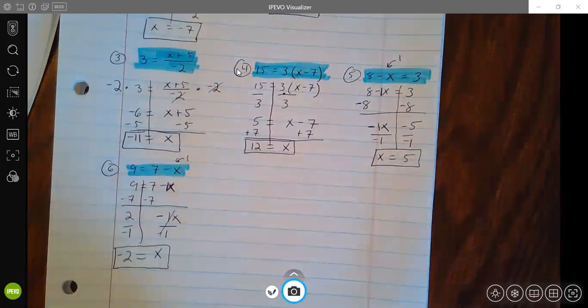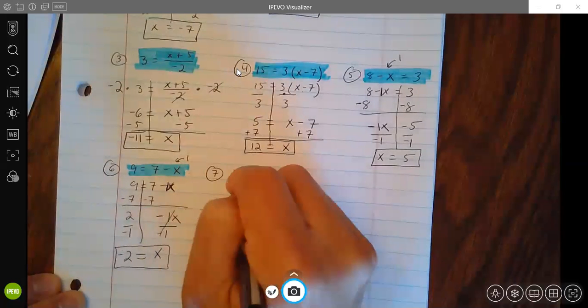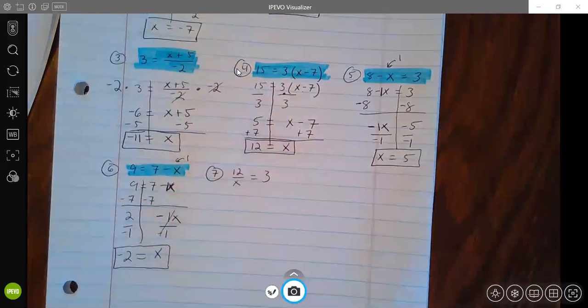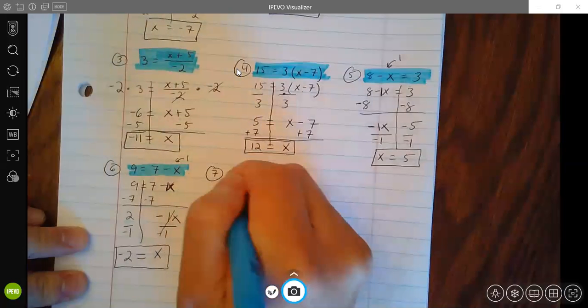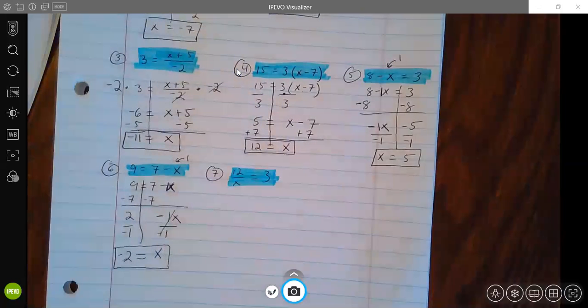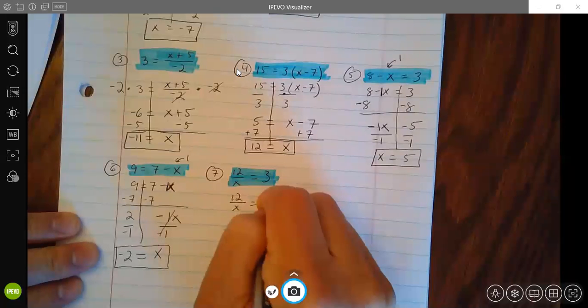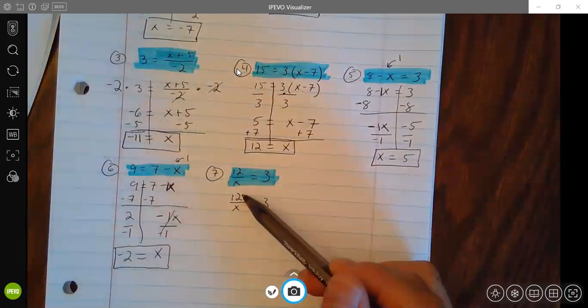Okay. 2 more, and you haven't seen these two, even though they look kind of familiar. Okay, so 12 over x equals 3. 12 divided by x equals 3. Okay, so before, when you saw these, the variable was in the numerator and there's a number in the denominator.